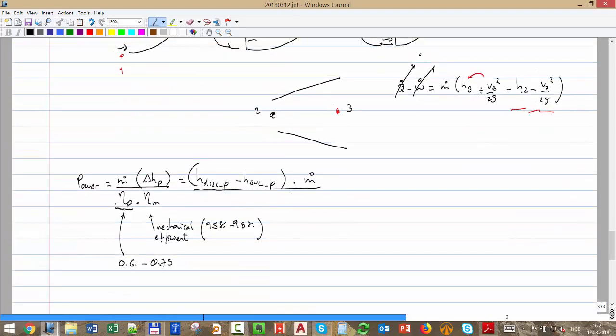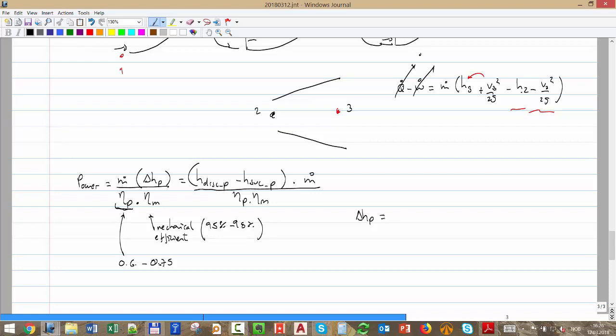So you have that, and we have polytropic, mechanic efficiency, and actually this delta P, I can express it as the polytropic, if I use a real gas equation.